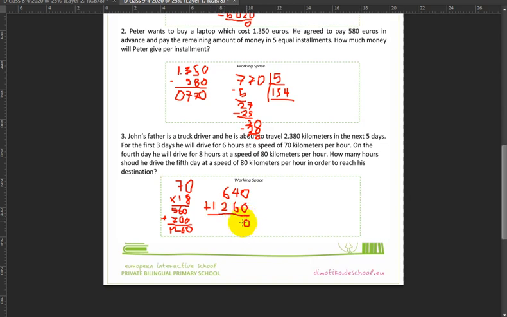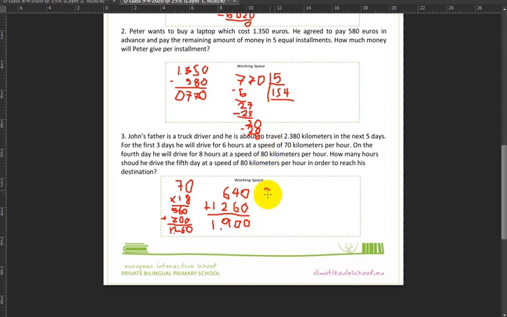This is going to give me 0, and then this is going to give me 0. This is going to give me 9. That does not look like a 9, but this does. And 1. So he's already done 1,900 kilometers, right?